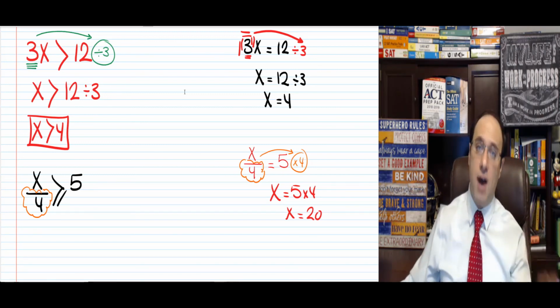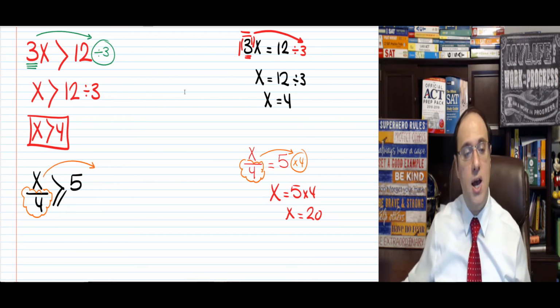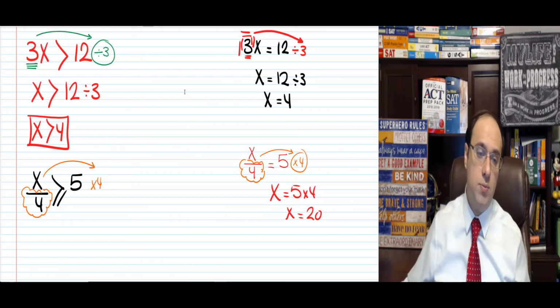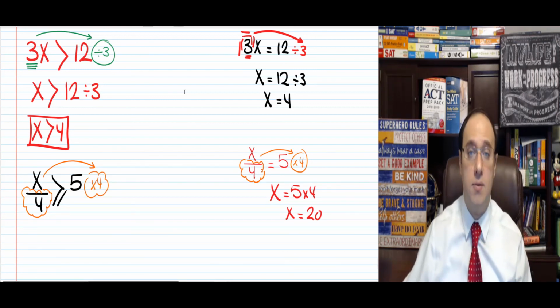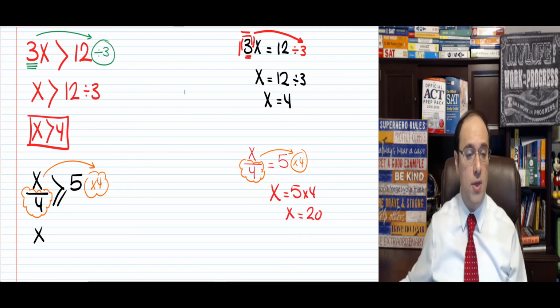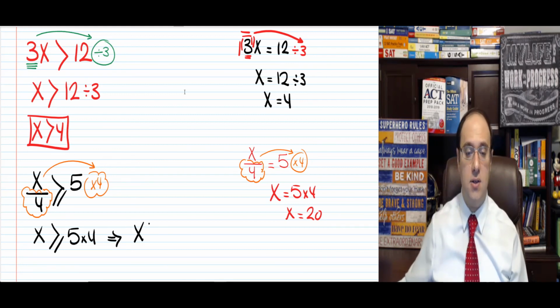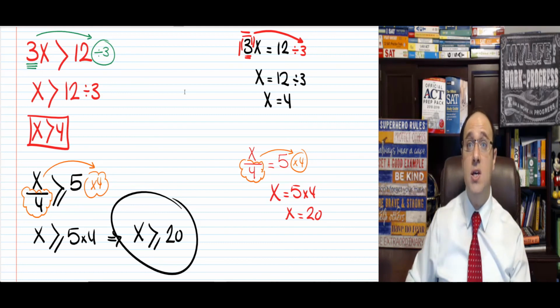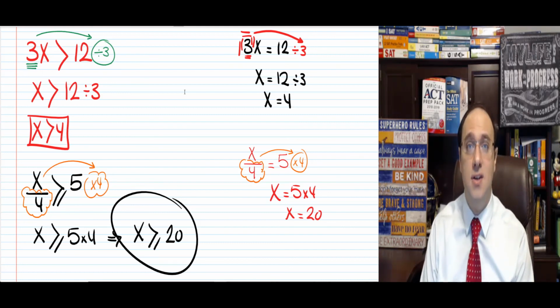Over 4 means divided by 4, goes to the other side. Opposite of division is multiplication, so it goes as times 4. That leaves me with x is greater than or equal to 5 times 4, which means that x is greater than or equal to 20. Simple, easy, very easy.